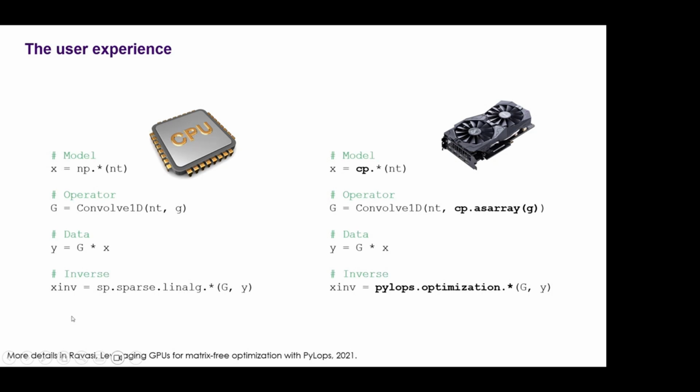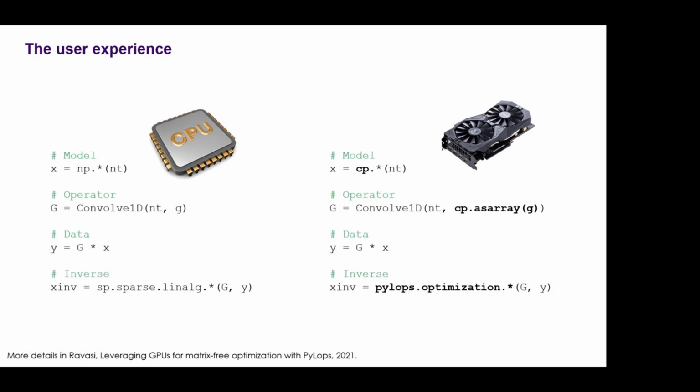And finally, this is the nice part. The way you create the data, the way you apply the operator or the adjoint remains completely unchanged and transparent to the user. And then the way you solve the inverse problem, you need to switch to PyLops solvers, which are basically a one-to-one replacement for SciPy solvers, because SciPy does not offer a GPU backend. But that's pretty easy. It takes you a couple of minutes to do it.